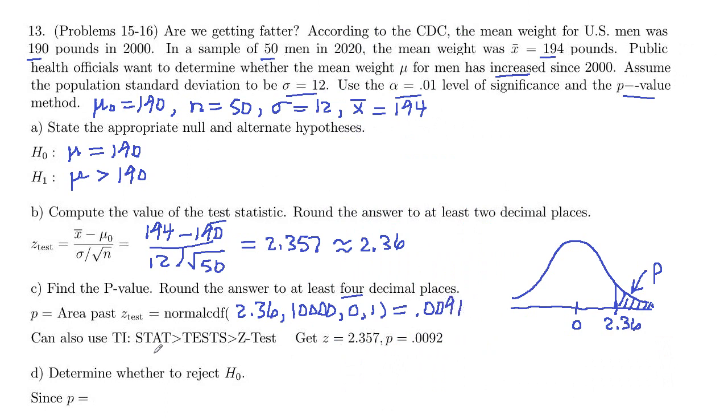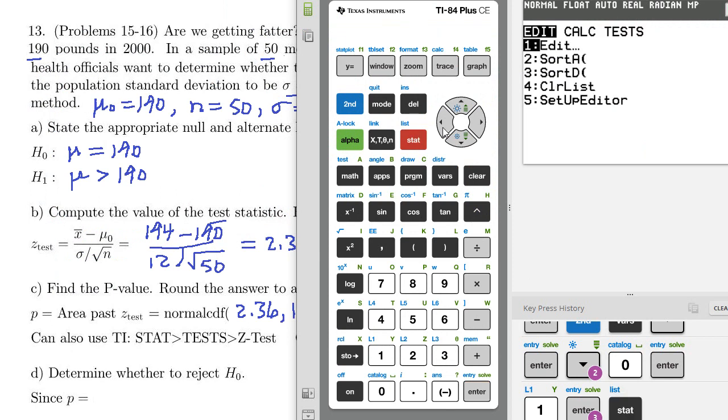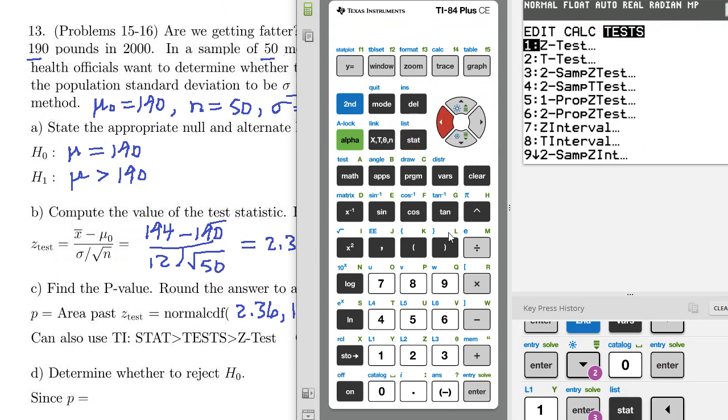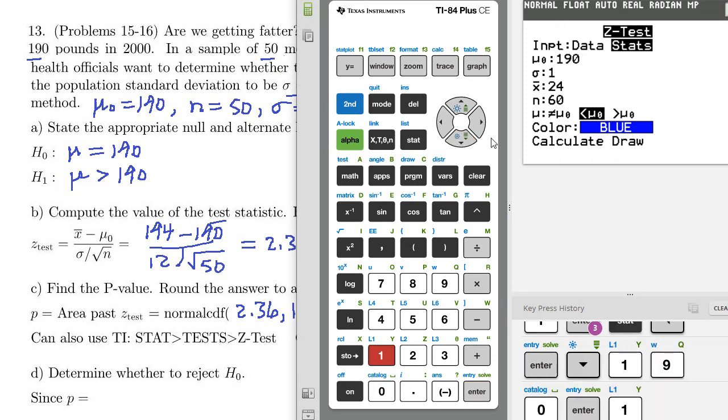And then you can also use stat test z-test to get those test statistics. Let's demonstrate that. So stat test, z-test is that first one. Our hypothesized mean is 190. Our standard deviation 12.